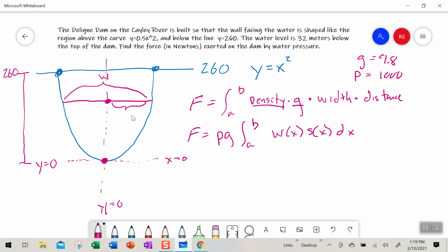That distance right there is going to be some type of an x value. So if we take a look at this point right here, that's going to have an x value and a y value. And so this distance right here, because this is the y-axis, remember, then this distance right there is going to be an x value. But how do we represent that x value? We want to represent this in terms of y.